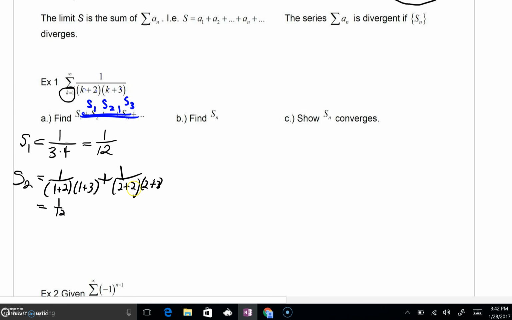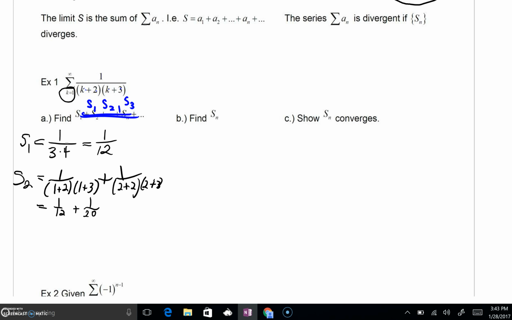Here we have a 4 and a 5, and 4 times 5 gets you 1 over 20. So the second term is 1/20th, but now we're asked to add those together.